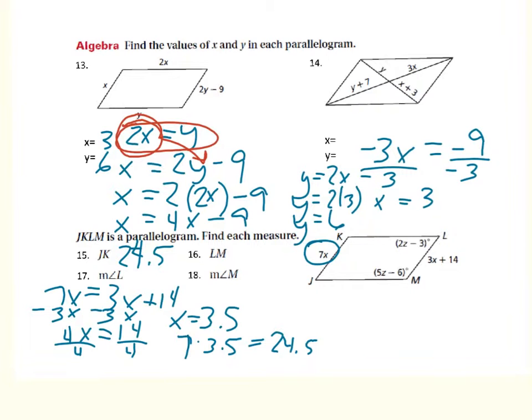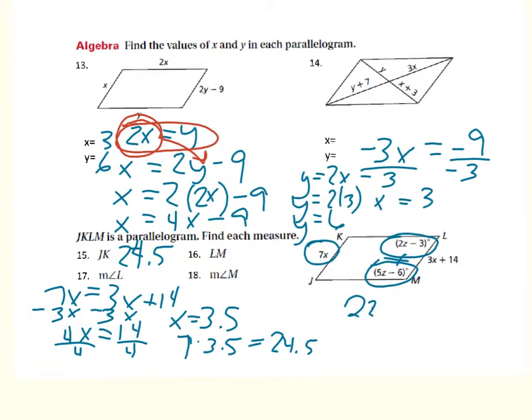Angle L. Angle L is over here. It's equal to 2z minus 3. This is number 17. And 5z minus 6 is my other angle. Now we know from our properties chart that these two are supplementary, meaning they add up to 180.